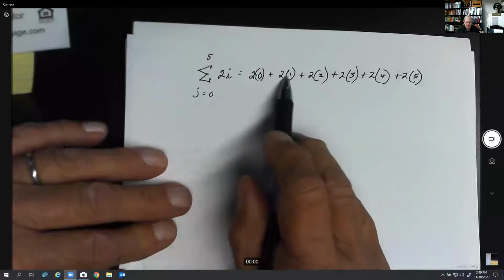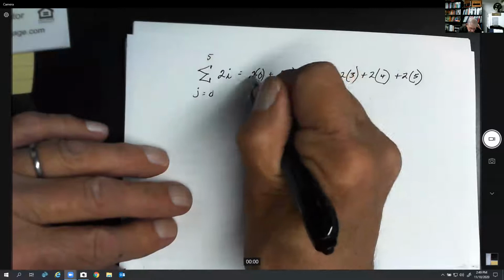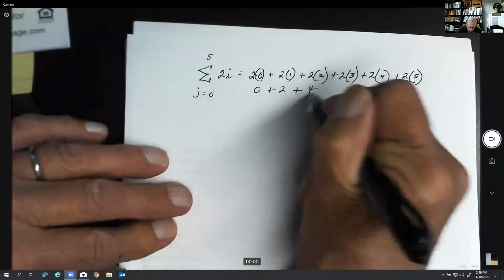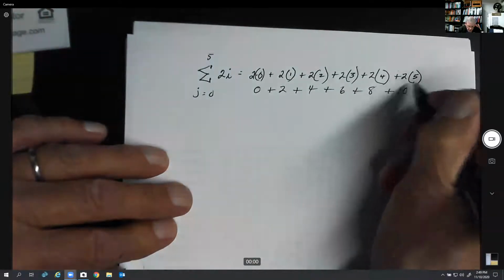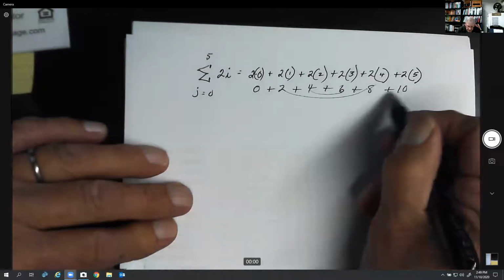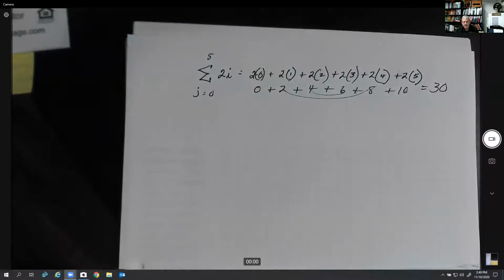So 0 is our beginning number, 1, 2, 3, 4, 5. And then we're going to calculate. So 2 times 0 is 0, plus 2, plus 4, plus 6. Looks like we're getting all the even numbers, huh? Plus 8, plus 10. And then we're going to add those up. Let's see, 4 and 6 is 10, 2 and 8 is 10, and 10 makes 30. So these would add up to 30. And you could use a calculator to add them up or whatever.